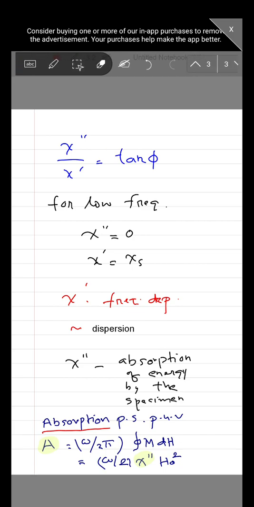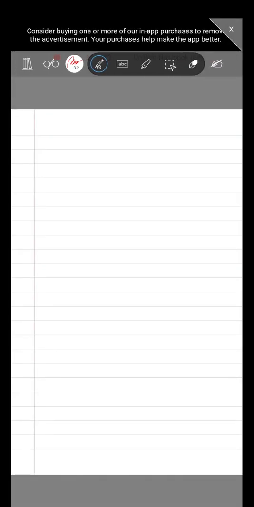Now, if we use the complex notation, which is a little more convenient, we can write the oscillating magnetic field as He plus H0 e to the power i omega t. The magnetization will follow the same path.